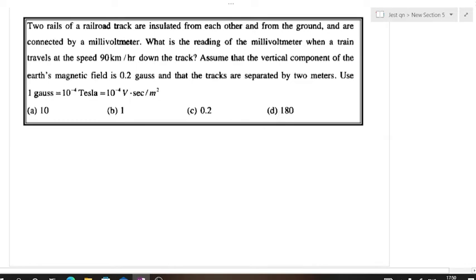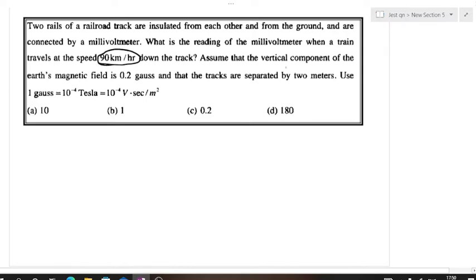Two rails of a rail track are insulated from each other and from the ground, and are connected by a millivolt meter. What is the reading of the millivolt meter when a train travels at a speed of 90 km per hour?